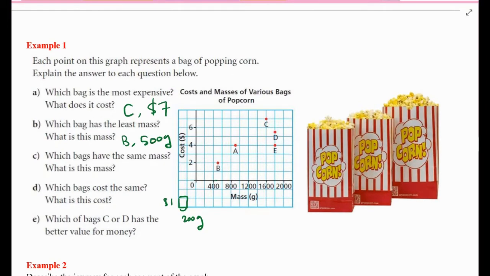Which bags have the same mass? D and E, and that is 1,800 gram. Which bags cost the same? A and E, and the cost is $4.